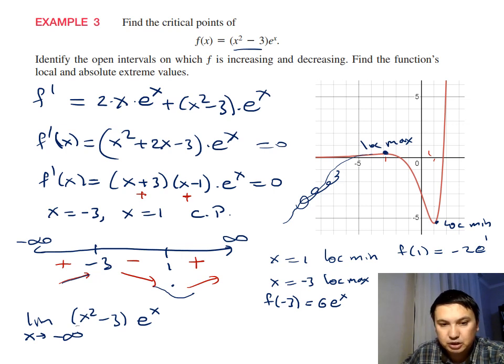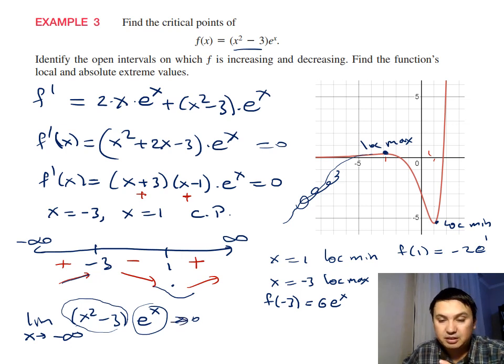So what happens? We see that this factor is positive, but the exponential is decreasing to 0. So this is decreasing, but it never becomes less than 0, because all of these values are positive. The limit is approaching 0.